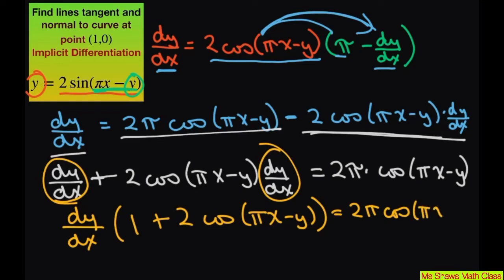(pi x minus y). Now I said it's the last step. It's not. The last step is divide both sides by this term here. So I'm just going to divide and put it under here. So let's do that.